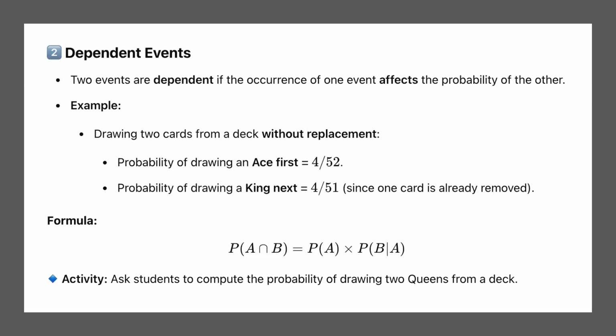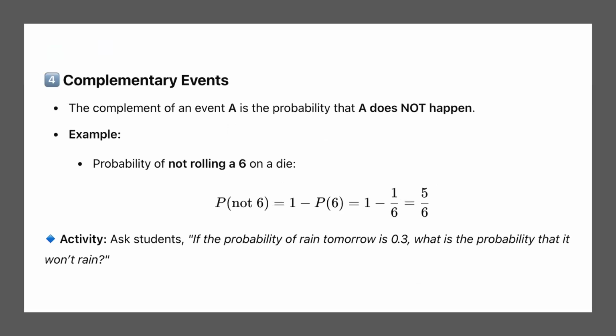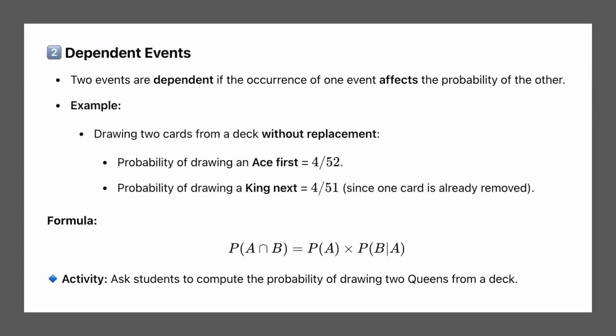A and B are dependent events, right? So if I'm asking the probability of these two events happening together, because one event affects the probability of another, P(A intersection B) is nothing but the probability of A times the probability of B, considering the condition that A has already occurred.